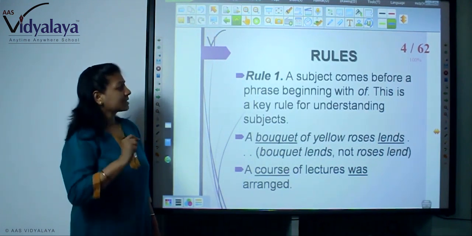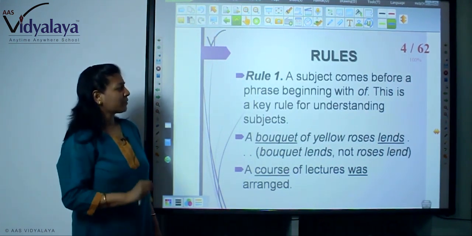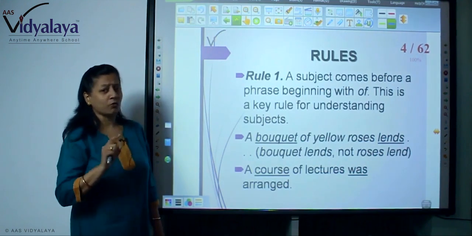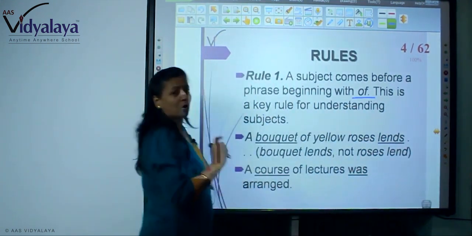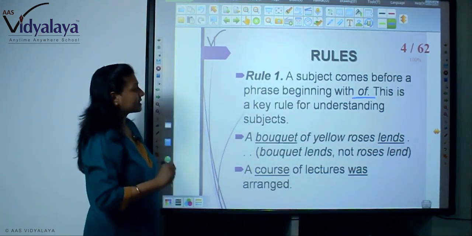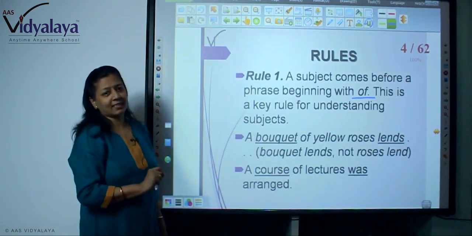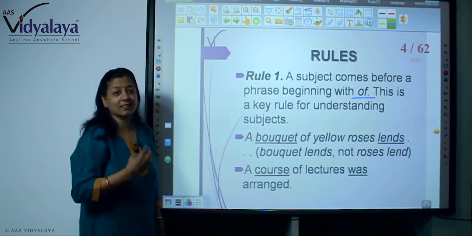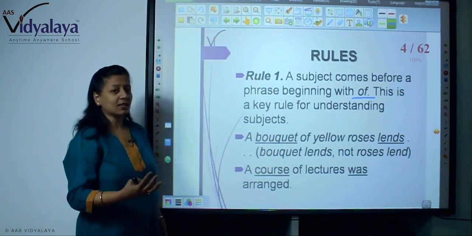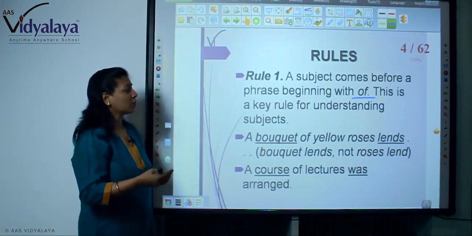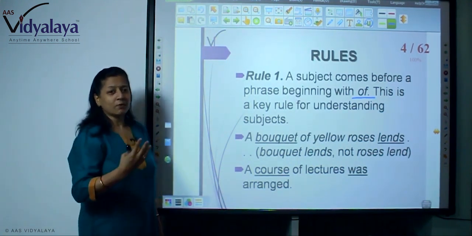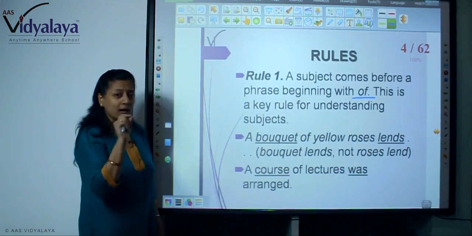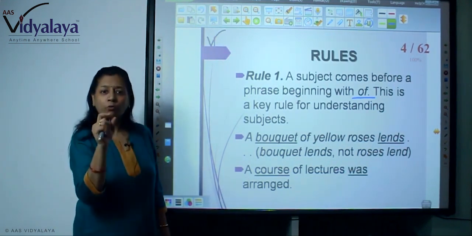First rule. A subject comes before a phrase beginning with of. Suppose there is a subject which comes before of, right? This is a key rule for understanding subject. How will you understand the subject? Subject is not necessarily only your proper noun; there may be different types of subject. So you will have to find in the phrase the word of.